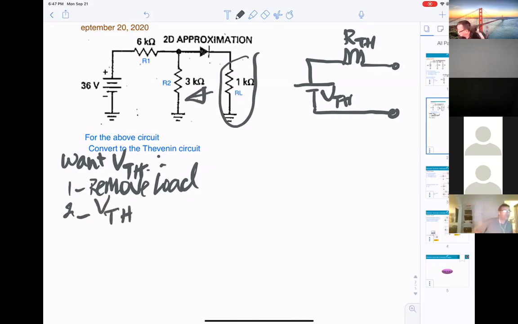So when you remove that one, the diode here will be open, right? When you remove it, no current flows.